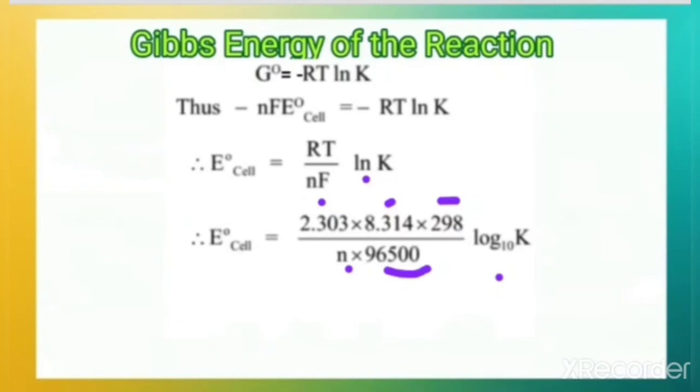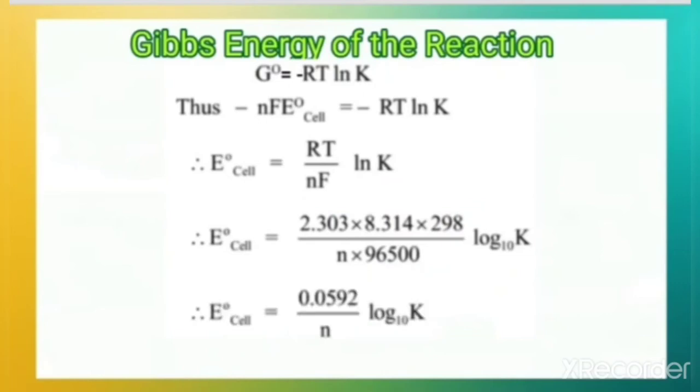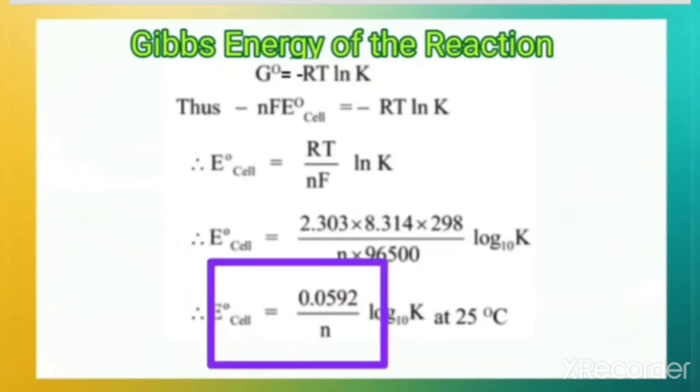After substituting and calculating, E naught cell is equal to 0.059 by n log K. This is the equation you have to learn, valid at 25 degrees Celsius. In problems we will most probably use this formula to find the K value if the E naught cell value is known.